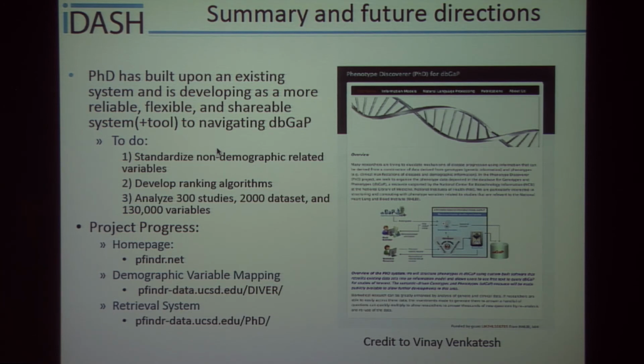At the bottom left, I provided for your interest the website for our project, where you can learn more about us and what we do. And the bottom 2 are for the 2 tools that I've just described.